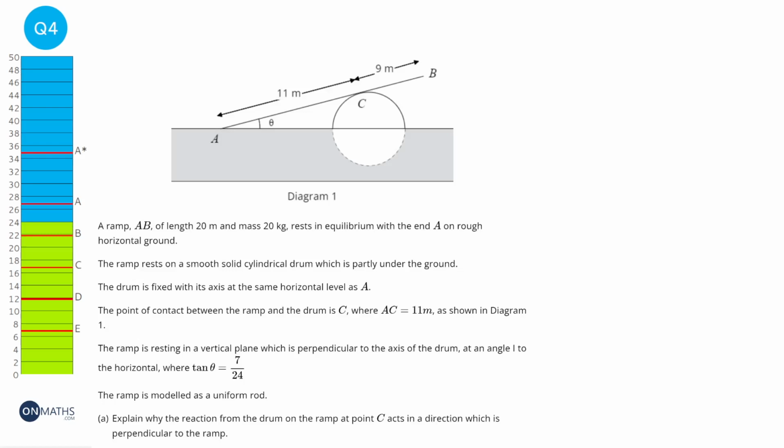The question says, why is the reaction from the drum to the ramp at point C in a direction that's perpendicular to the ramp? So that's basically like this here. So this is the reaction at C. And the reason for that is given to us in the question, where it says that it is smooth, which means there's no friction.